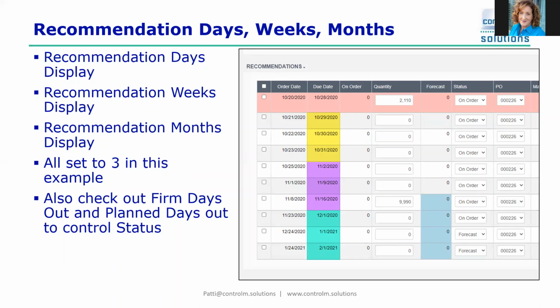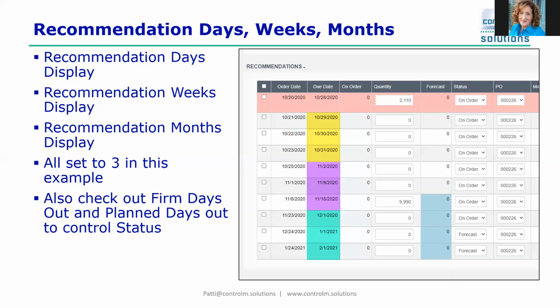To make this very easy to see, I have mine set to 3 of each. Today plus 3 days, which is in the yellow, 3 weeks, which are in the purple, and then 3 months in the turquoise. Those are all set by settings called recommendation unit display. And you can set them to whatever numbers you want, and it will be universal.